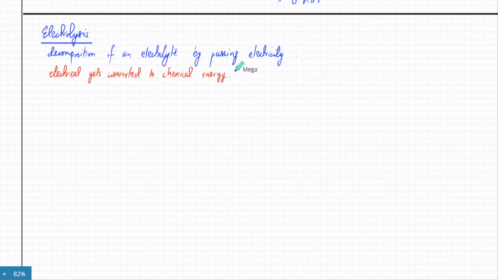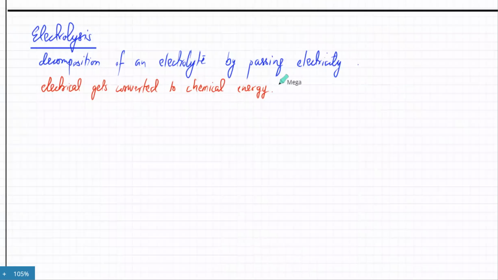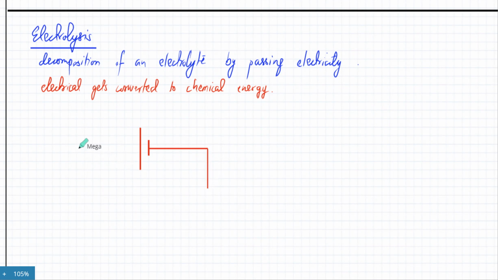Now that is what electrolysis stands for. Electrical energy gets converted to chemical energy. Now the difference between electrolysis and your normal electrochemical cell is that you've got a battery, an EMF over here, and there are two electrodes that this battery would be connected to.